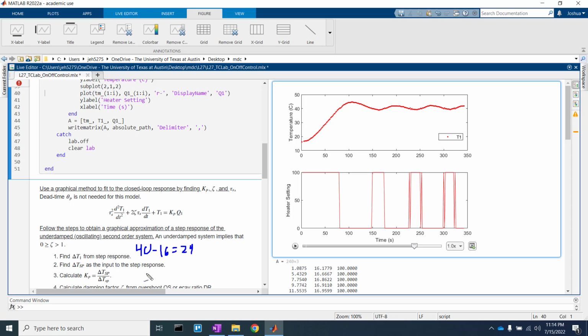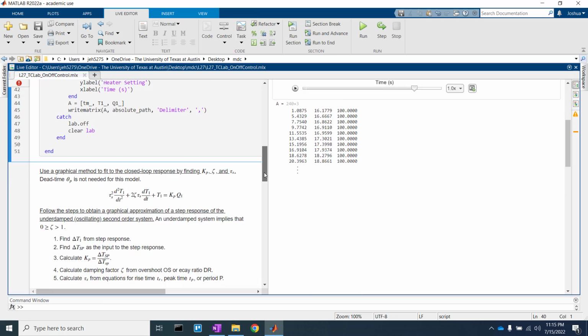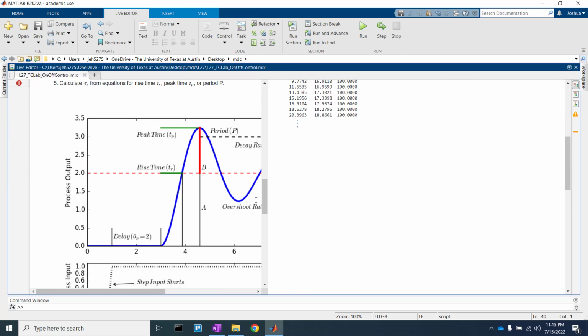For me. For you, it might be a little bit different. Our delta set point from the start to the finish. Well, now, what's the difference between delta T1 and our delta set point? And that's a good question. Let's go ahead, let's look at our system here.